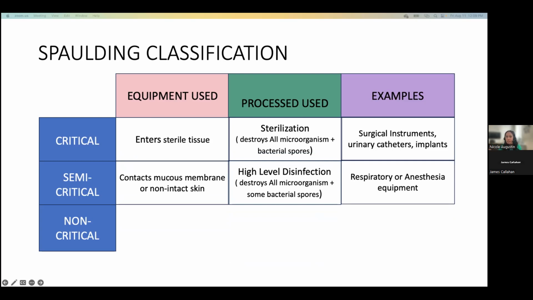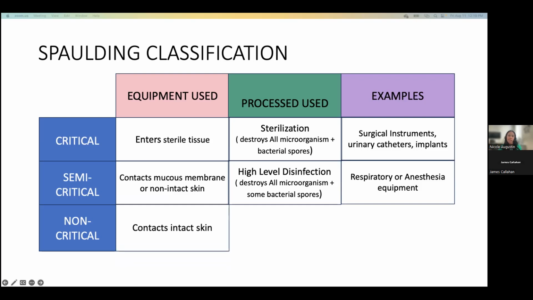Semi-critical items come into contact with intact mucous membranes, such as those of the lungs or your GI tract. They're generally resistant to infection caused by the common bacterial spores, but they're more susceptible to organisms such as bacteria, mycobacteria, and viruses.